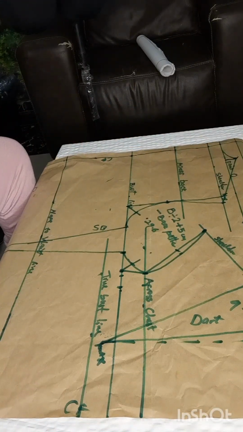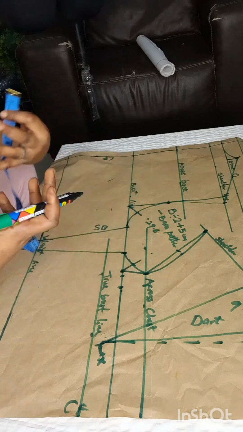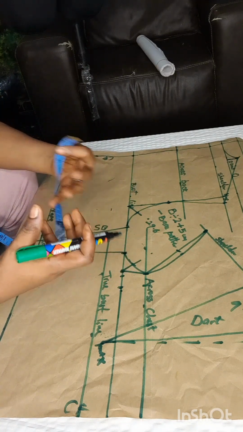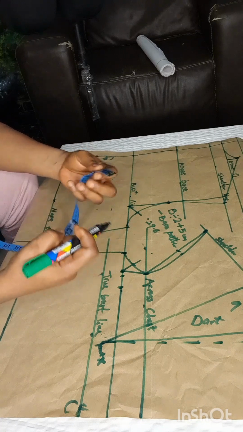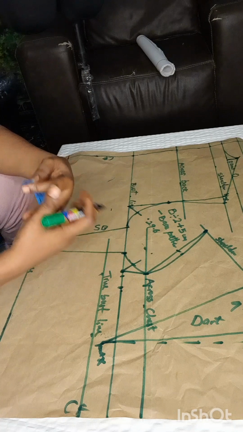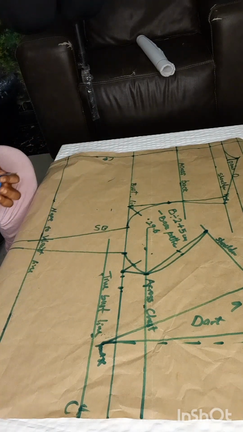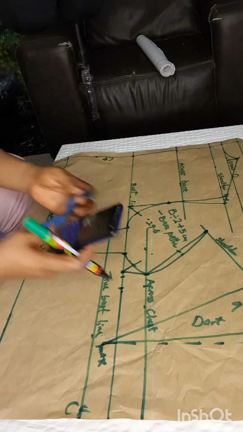So the next thing we'll be doing is our contour. Yes, we need to contour our neck, to avoid our neckline gaping. You can decide to do 50% of your dart, or you do less than that. I will advise you do 50%.